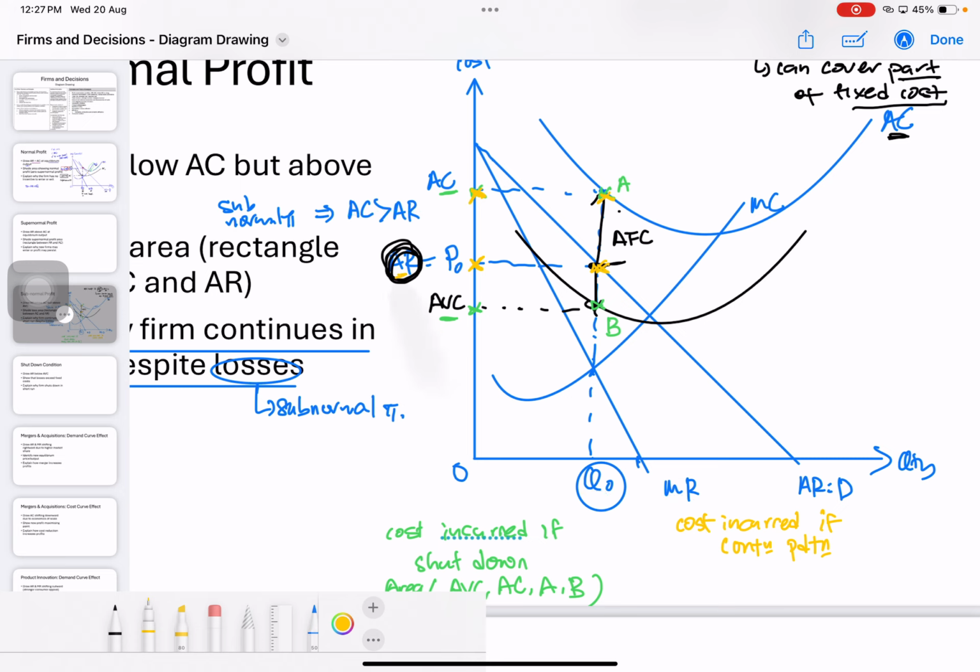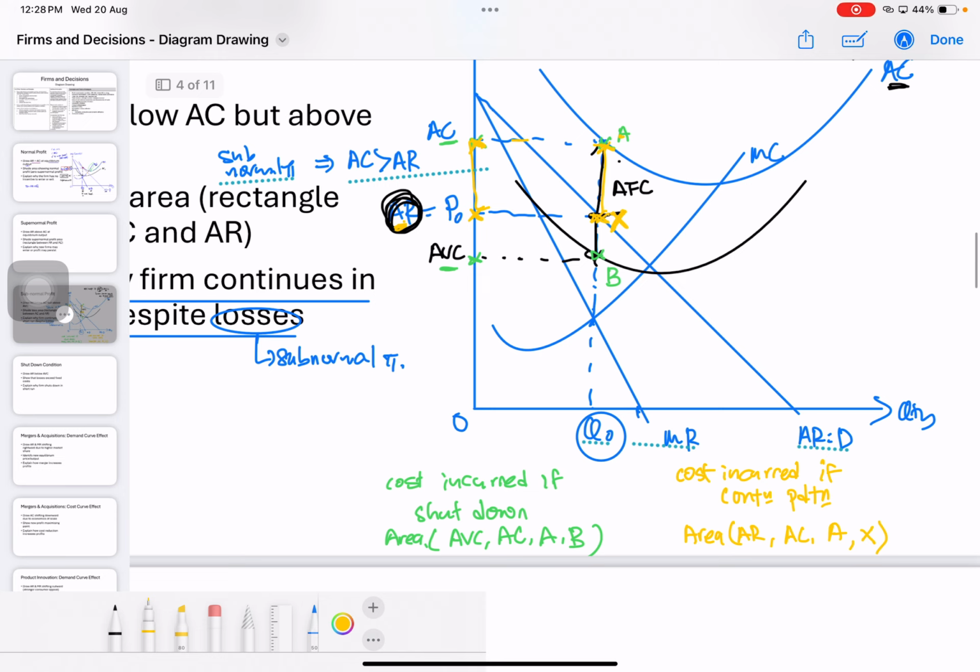Because this is my AR, I can cover a part of the cost, but this area is a cost that I cannot cover, as AC is above my AR. Therefore, it will be area AR, AC, A, and you know what, if I put C, it will be very confusing, then I'll put X. Up to you how you want to label, so long as you can refer to the diagram.